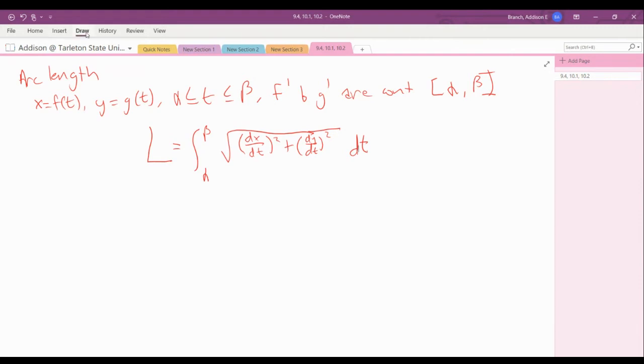So for an example for this one, we are given the curves x is equal to t sine of t, y is equal to t cosine of t, and then t is in between 0 and 1.